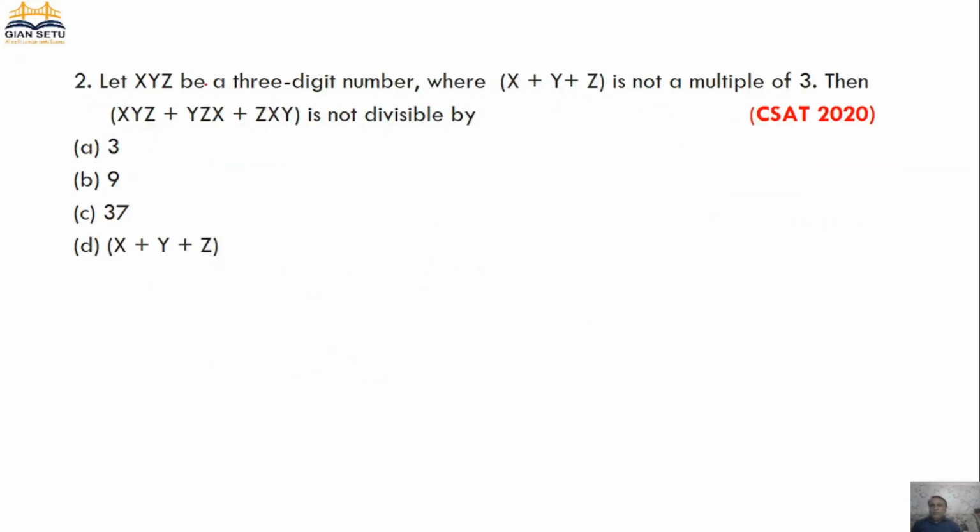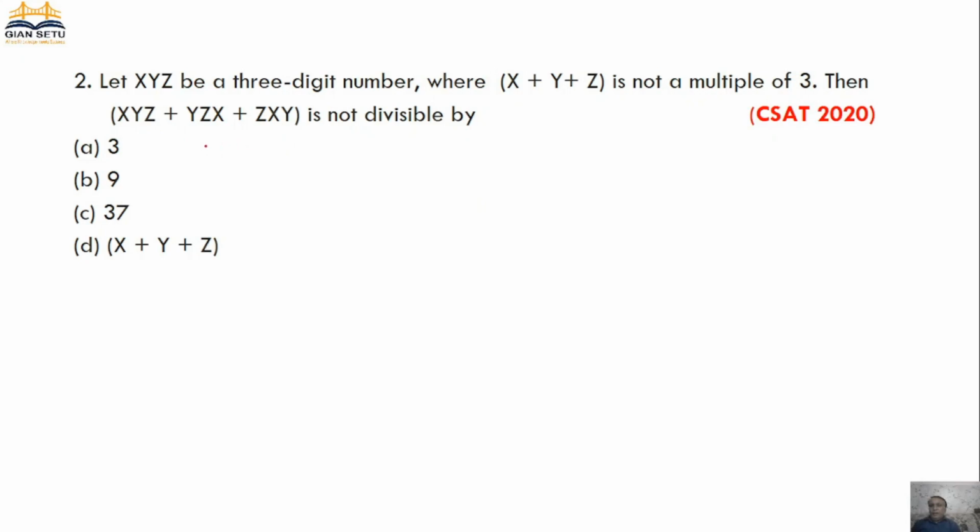Question number 2: let xyz be a 3-digit number where x plus y plus z is not a multiple of 3, then xyz plus yzx plus zxy is not divisible by which number? So we need to find by which number this sum is not divisible. Now let's again write these numbers in the expanded form.